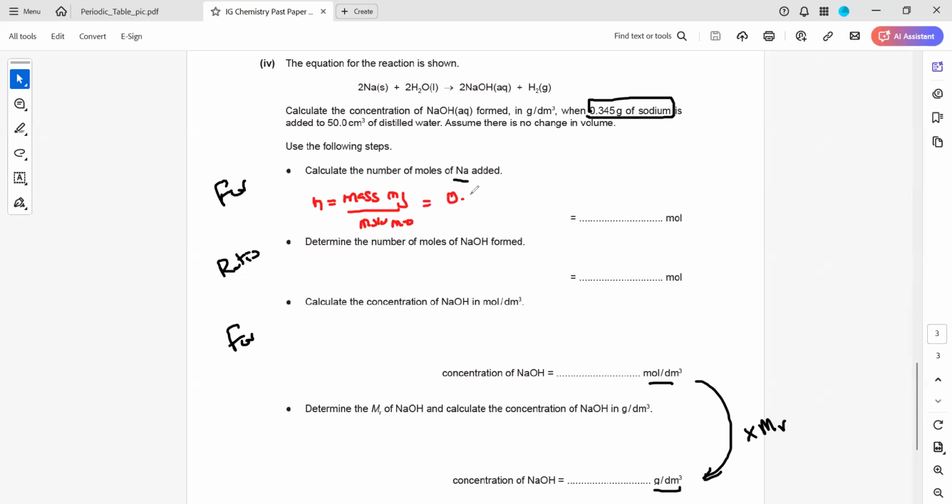The mass of sodium is 0.345 grams and the atomic mass of sodium is 23. So 0.345 divided by 23. How many moles are there? 0.015.